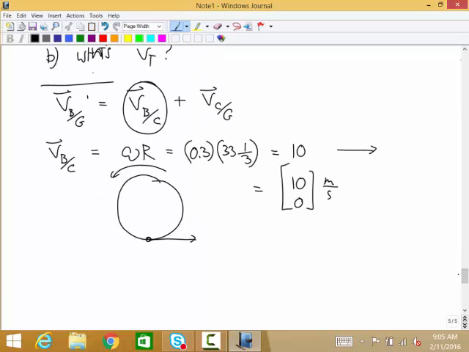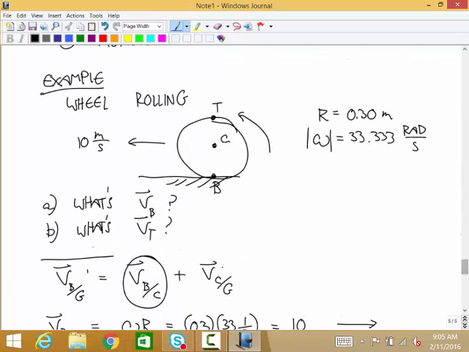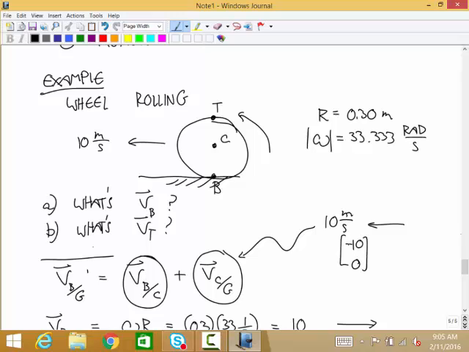The velocity of the center of the circle relative to the ground, what's that equal to? That's 10 meters per second going this way. So what's that in vector components? Yep, that's negative 10, 0. Does everyone follow that, the sign of that component?